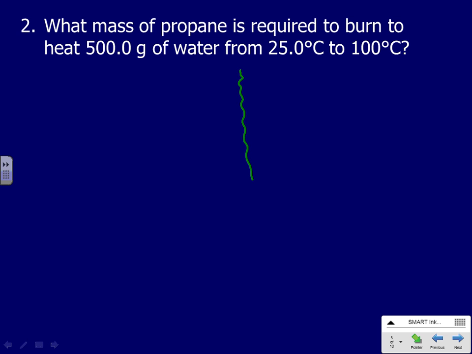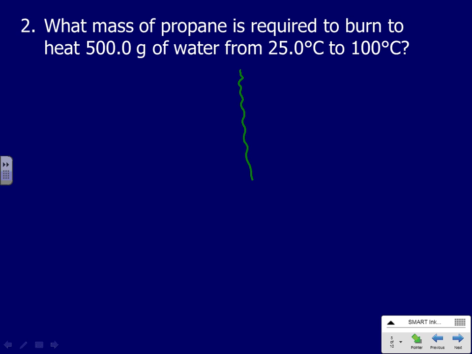What equation am I going to use if I'm talking about heating water? Yep. The calorimetry equation. I'm taking the energy of the burning of the propane, and that energy is going into water. I'm heating it up, and I want to heat 500 grams of water. And the question is, how much propane do I need?